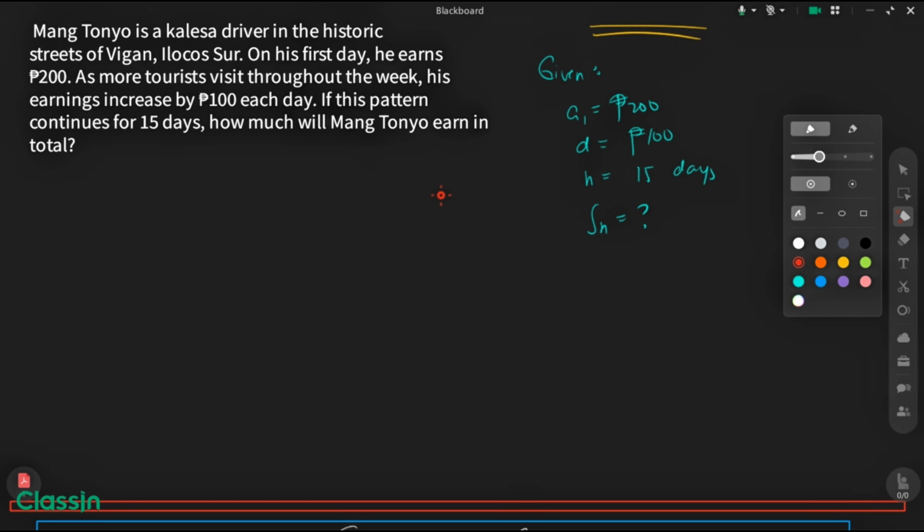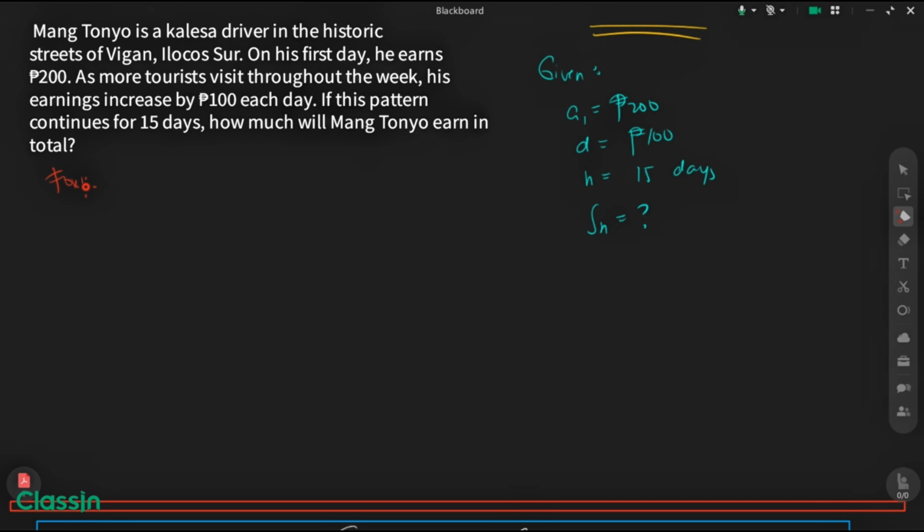In this case, since we don't know the last term, the second formula will be used. The formula: S sub n is equal to n over 2 times twice the first term plus n minus 1 multiplied by the common difference.